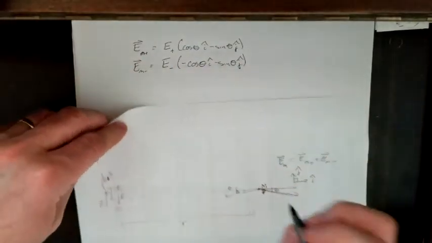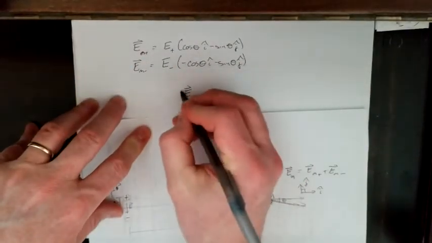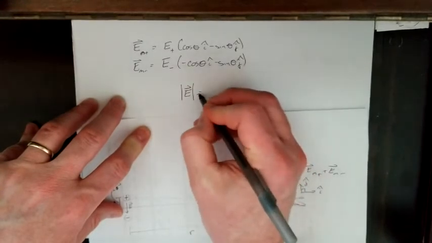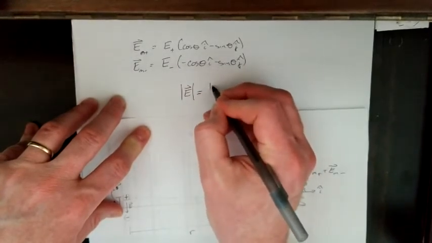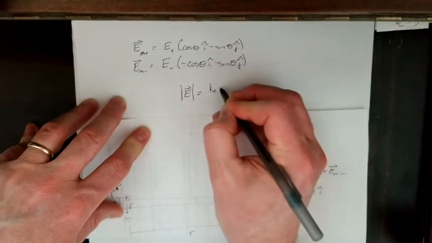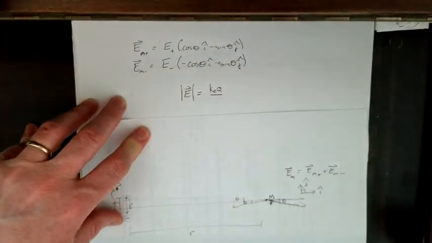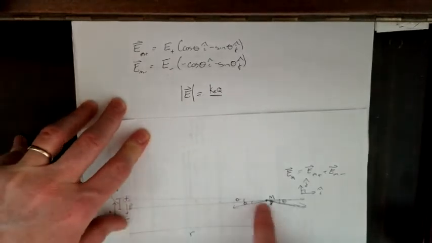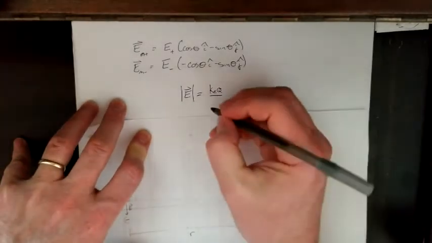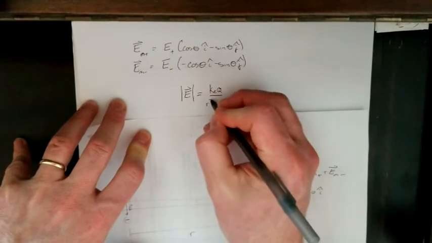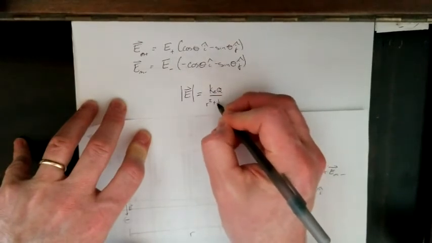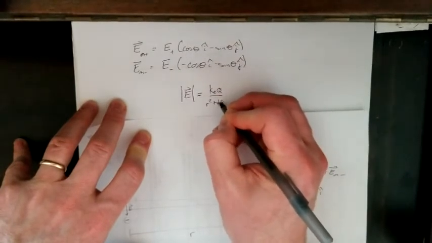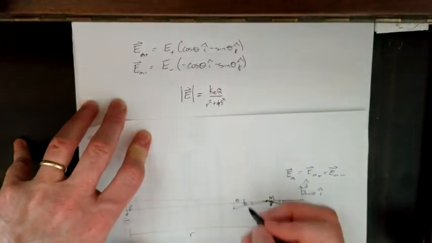Now the electric field magnitudes, I know that the electric field is going to be equal to the electrostatic constant times the charge divided by the distance between them squared. Well, that's the distance from point M to that charge or to that charge. It's the same distance. So if I square that, I get little r squared plus 1/4 S squared.